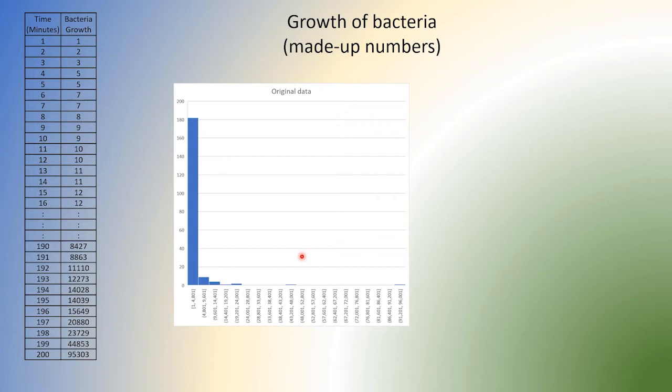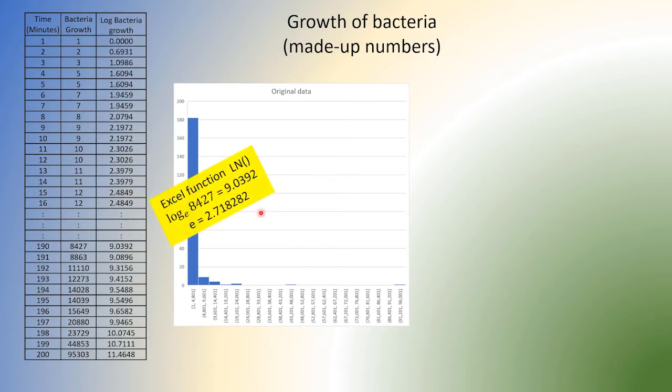But if I do log transformation, which is what we have here, you can use the function ln in Excel. It's natural log, which basically means log base e. If I do log base e of 8427, which is this number, I'll get this one, which is the same thing as ln of that number. And e is of course the constant.